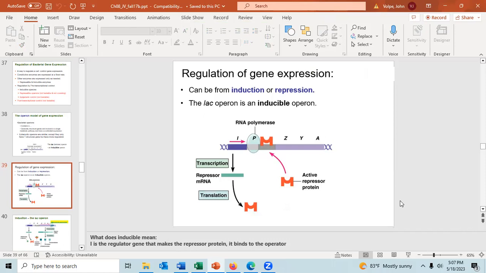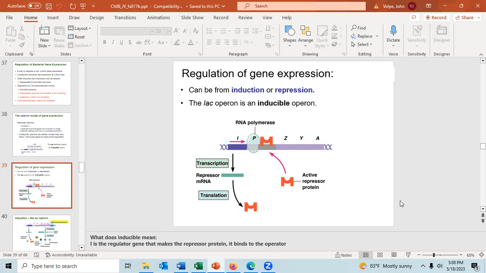We're not going to talk about repression of the operon, but for the lac operon, the lactose genes or the lactase gene are normally turned off, and they're only turned on when the cell needs the expression of these genes.